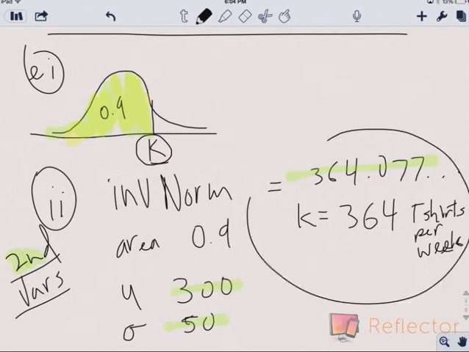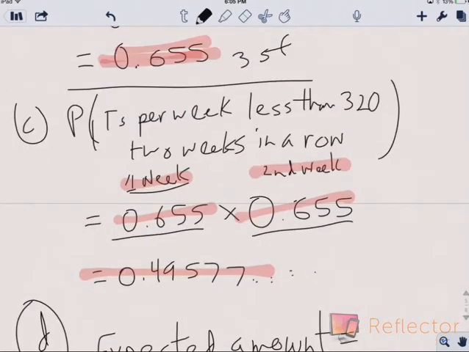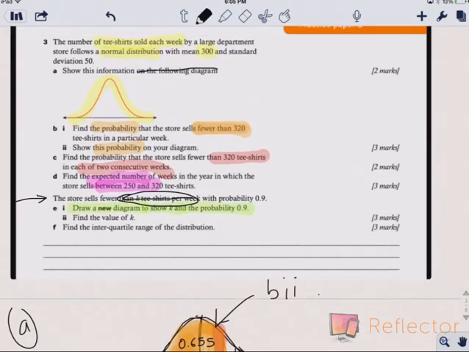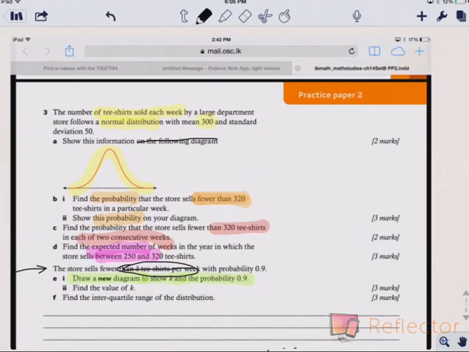The units are t-shirts per week, because that's what is on our vertical axis underneath the diagram of the curve. So that's how many t-shirts per week that a store sells with a probability of 0.9. Fewer than that amount, rather.